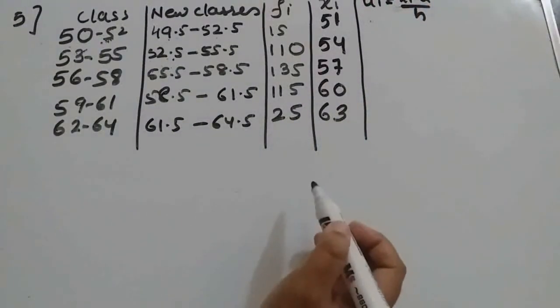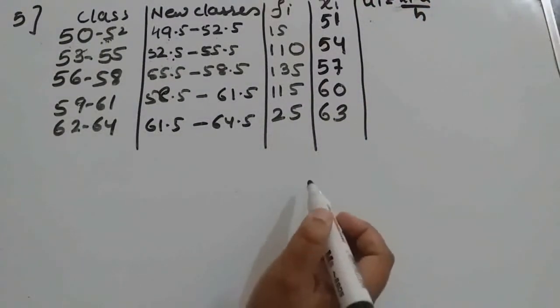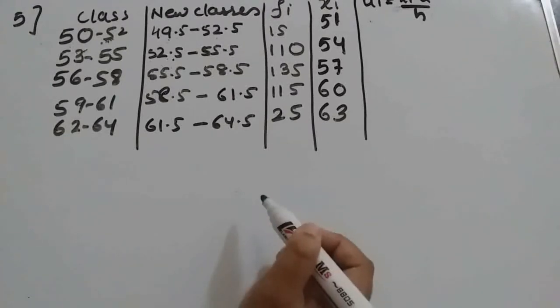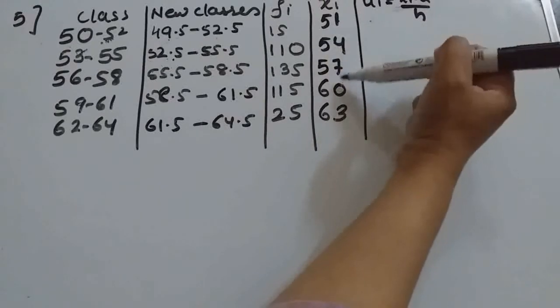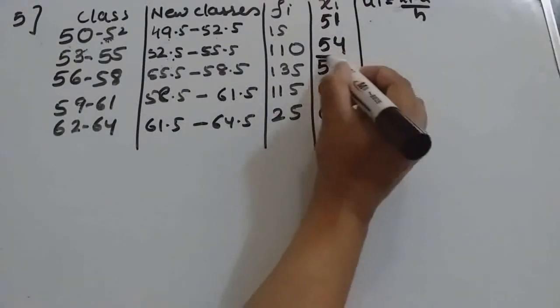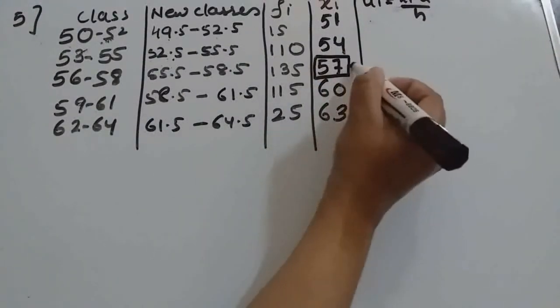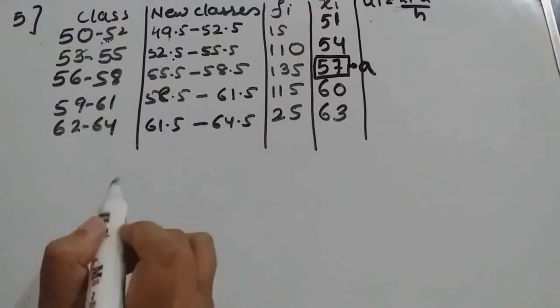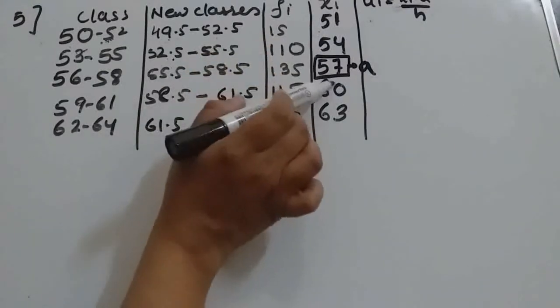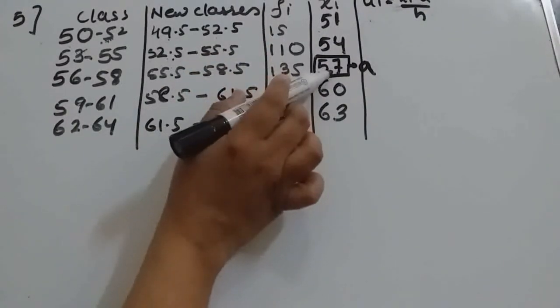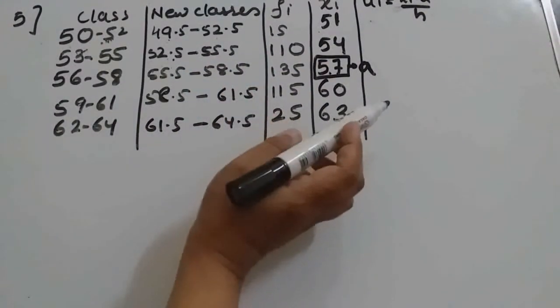For that I told you, before this we should assume one mean, and that will be our A. So out of the class marks, see, 5 observations are there. So the third value you can select as small a, isn't it? Because above this value there are 2 observations, below this 2 observations, so this is the middle value of the class marks.